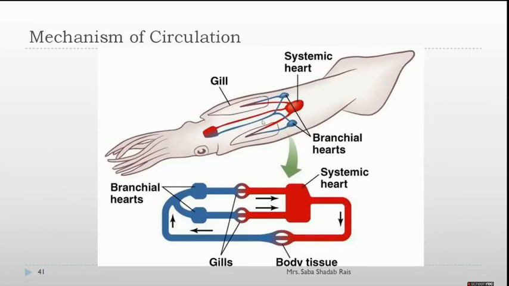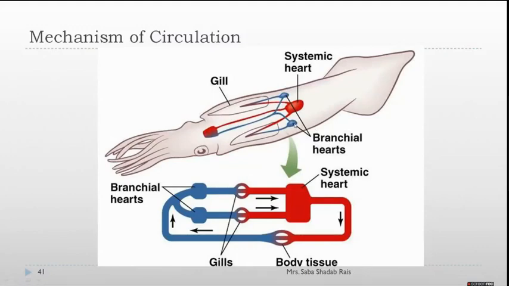So the systemic heart will give blood to the body, and in the body the exchange will happen. The body will take the oxygenated blood and return the deoxygenated blood to the branchial heart from the various veins.